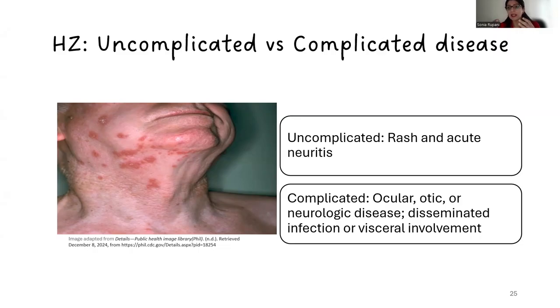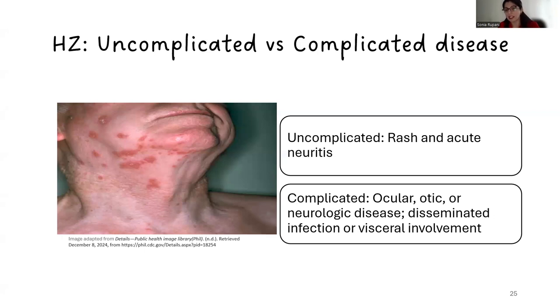The classification is referred to as uncomplicated just to differentiate those that have cranial nerve involvement or disseminated disease, neurological disease or visceral involvement, just to know whether you have that involvement or not. So if the patient only has rash with the acute neuritis, the pain, then it is referred to as uncomplicated.